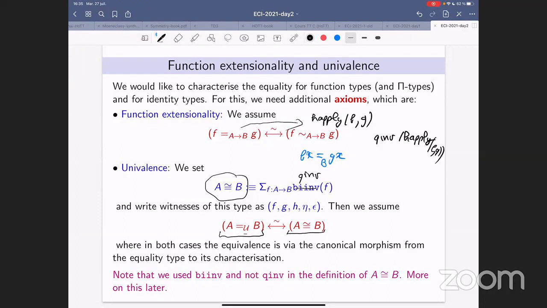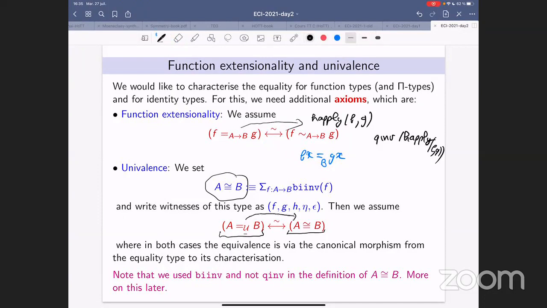Okay, so it's just a warning that here it's not by chance that I put bi-inv and not q-inv, and we will say more on this later. Anyway, the story is the same. Because this is an equality type, I have a natural function here defined by path induction.